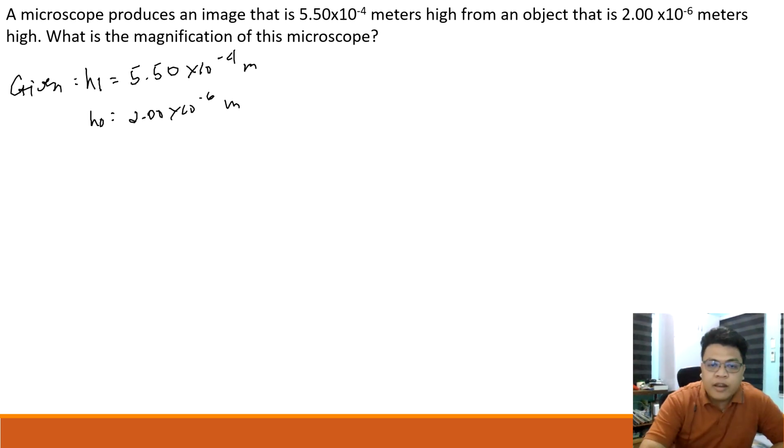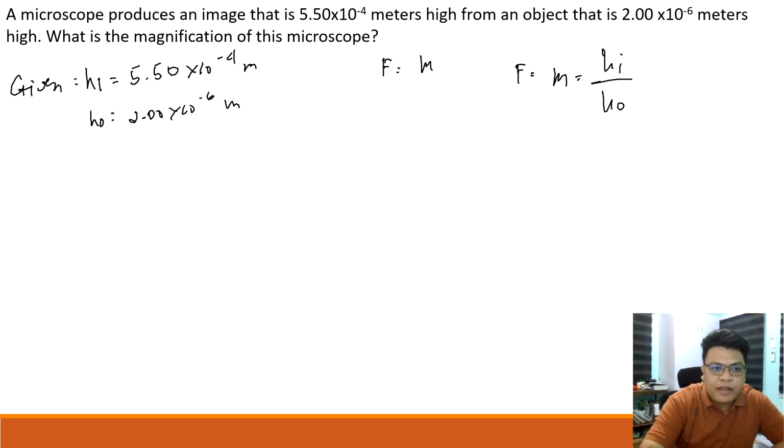These are our given. The variable that we need to find is the magnification, the small letter m. What is our formula? Because we are given height, we have m is equal to HI over HO.